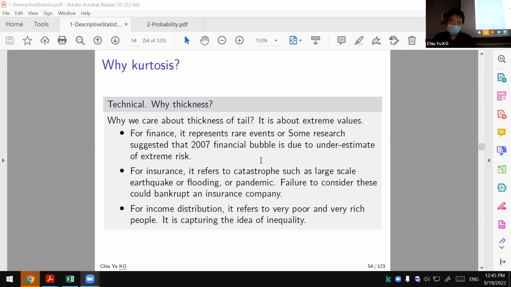So that's why bad things happen. But if you are studying actuarial science or quantitative finance, or you are insurance people, then you will know kurtosis is important, because insurance is mainly talking about catastrophic or highly unlikely events, and those are basically about kurtosis. If you talk about the normal, it's not going to work.